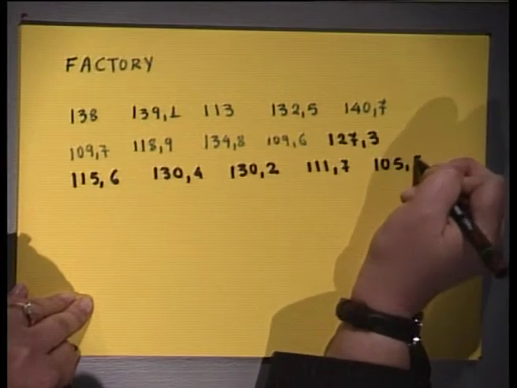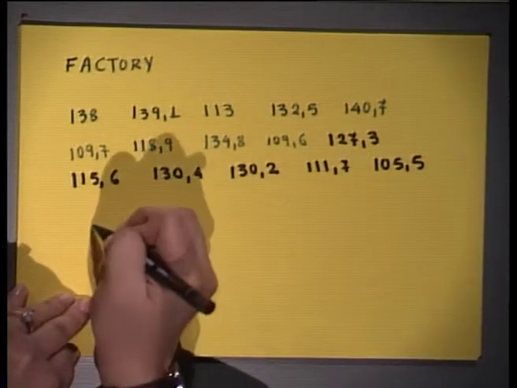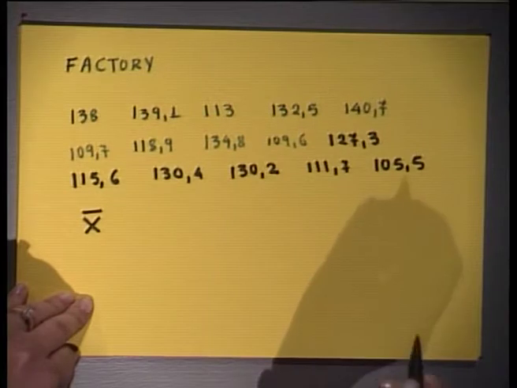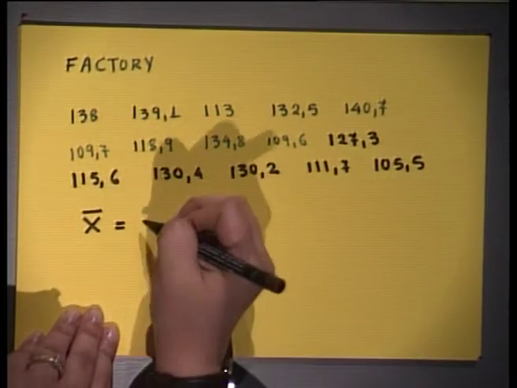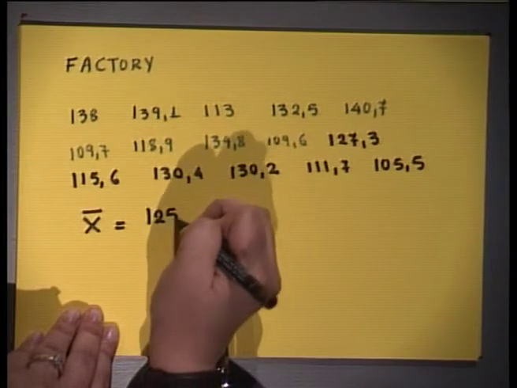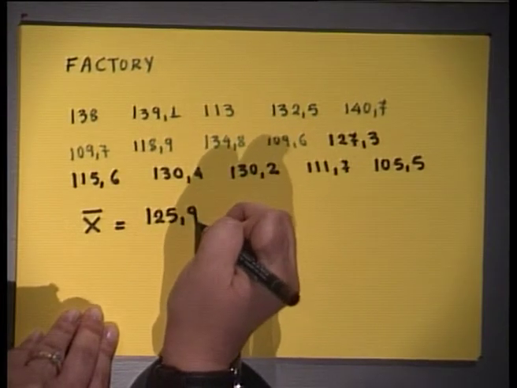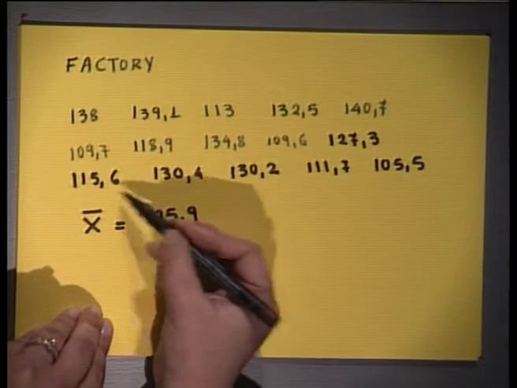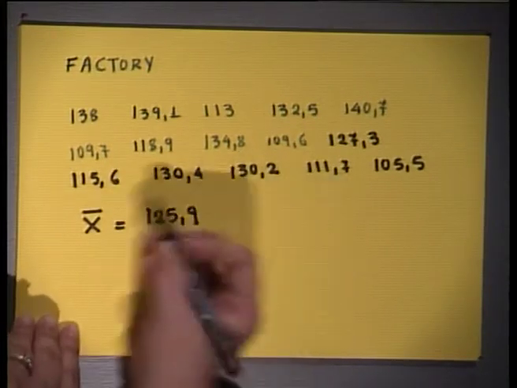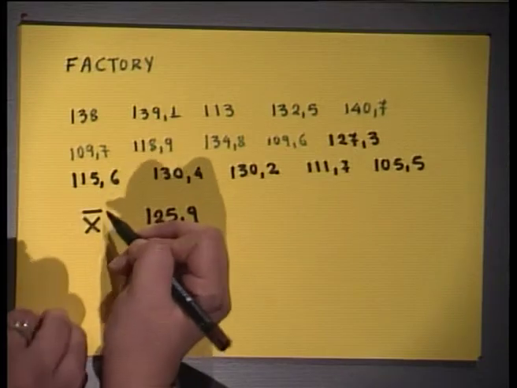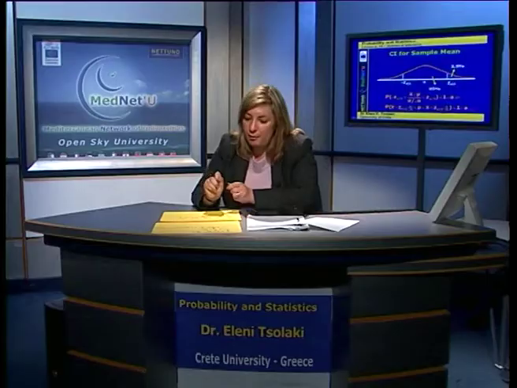Here we need to first calculate the sample mean as we know for this data. It's calculated to be 125.9 and we look for the standard deviation of the sample mean.